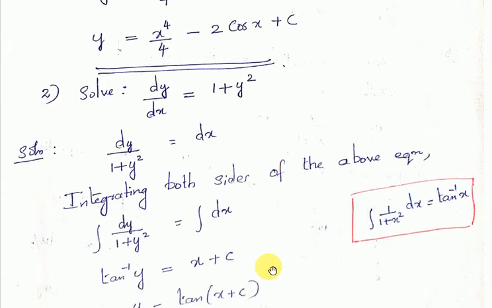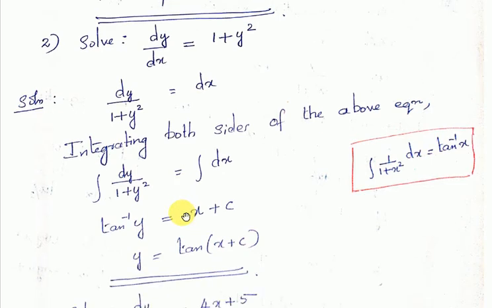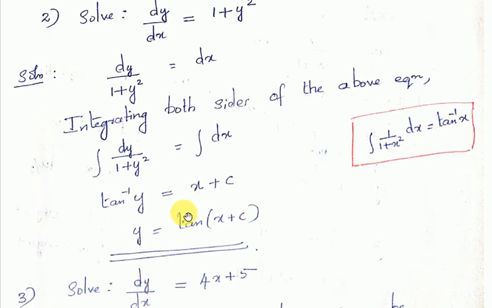Next question. Solve dy by dx equal to 1 plus y square. That is dy by 1 plus y square, then this dx we have to bring to the right side, equal to dx. Integrating both sides of the above equation, that is integral dy by 1 plus y square equal to integral dx.